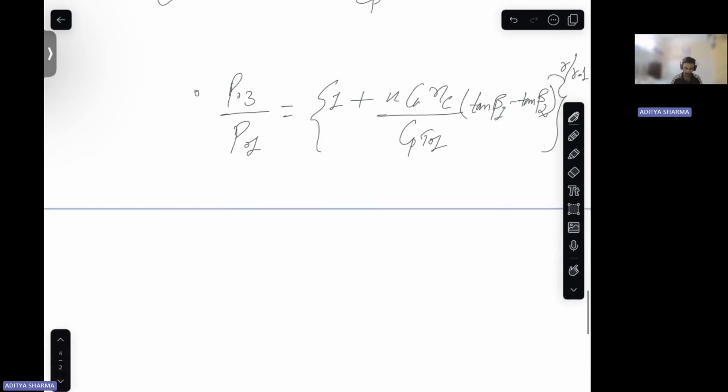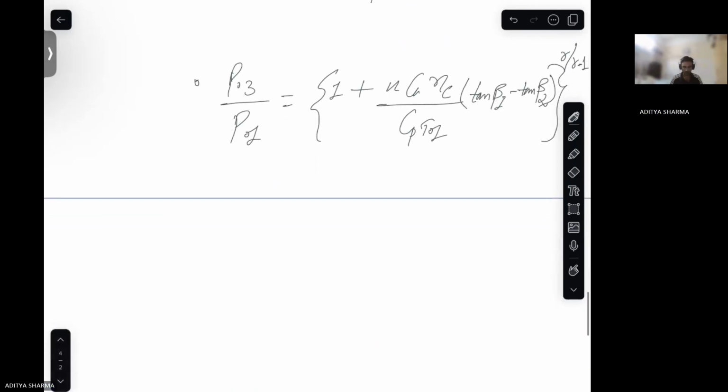So this is the expression for the pressure change in a compressor.